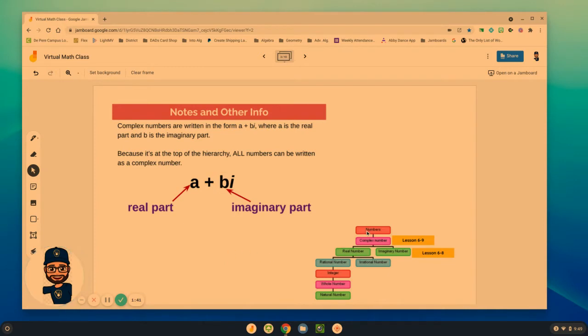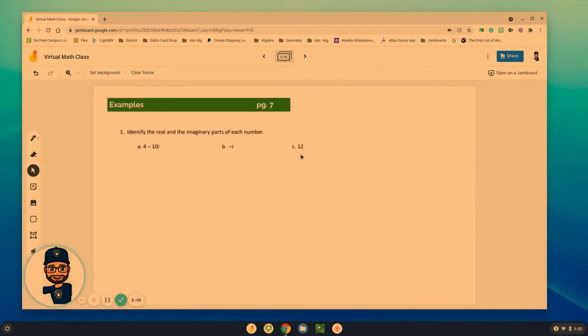Because it's at the top of the hierarchy, all numbers can be written as a complex number. Even all the numbers we've worked with since kindergarten and preschool are technically complex, and they could be written in this form, a plus bi. So let's take a look at what that might look like.